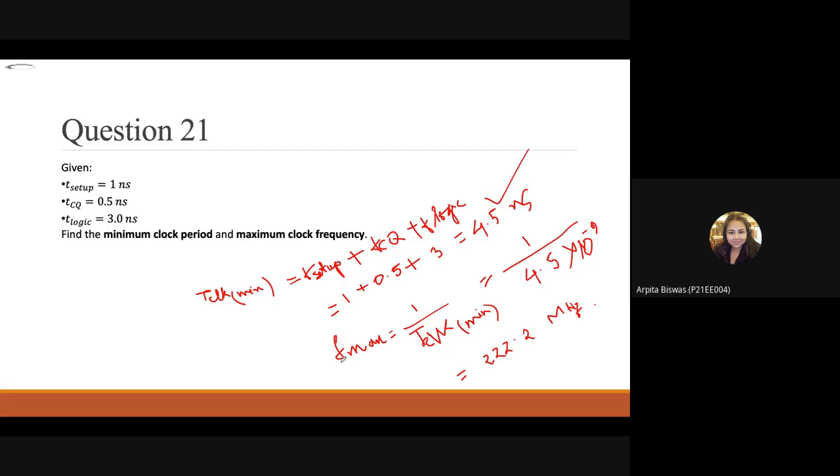Then how to find F maximum, the maximum clock frequency? We know that f is equal to 1 by T. So f maximum is equal to 1 by TCLK minimum, so 1 by 4.5 into 10 to the power minus 9. It comes to 222.2 megahertz.